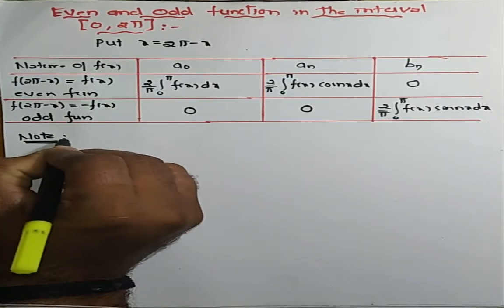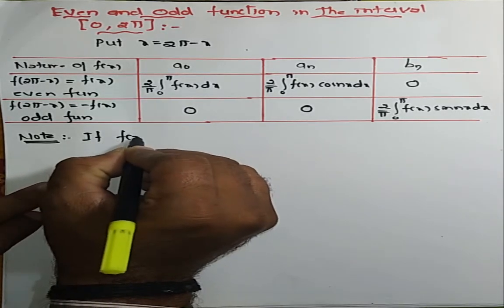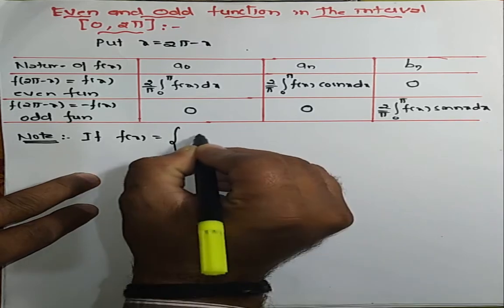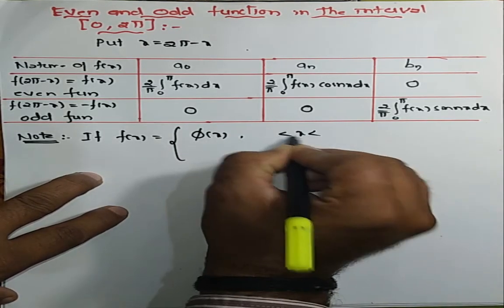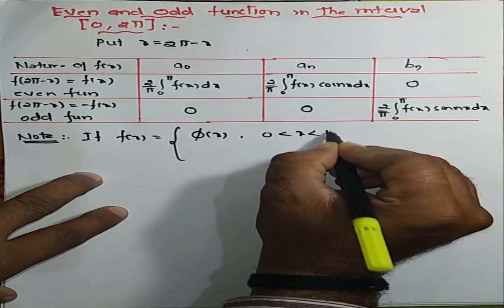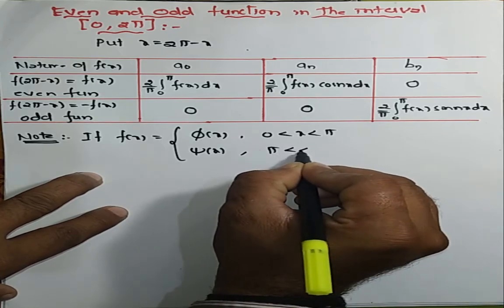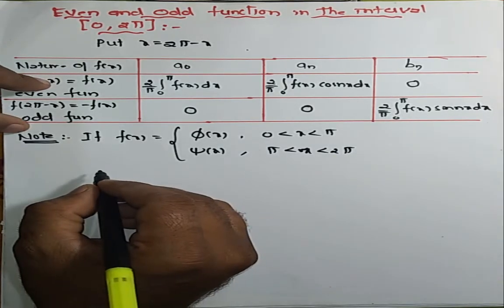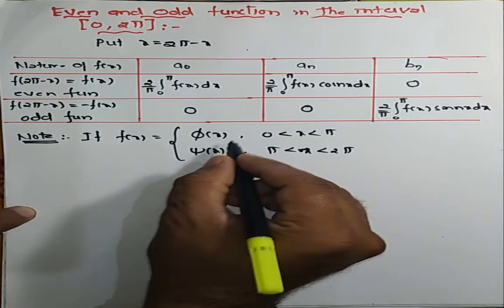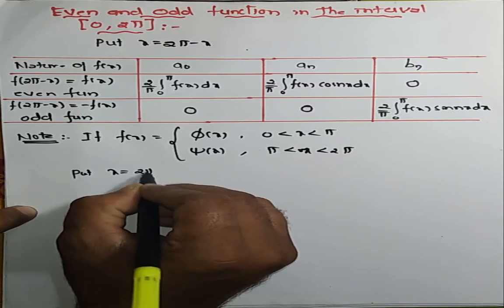Note, if the function is a double function, that is f of x equal to phi of x where x lies between 0 to pi, and psi of x where x lies between pi to 2 pi, then the substitution is the same: put x equal to 2 pi minus x.